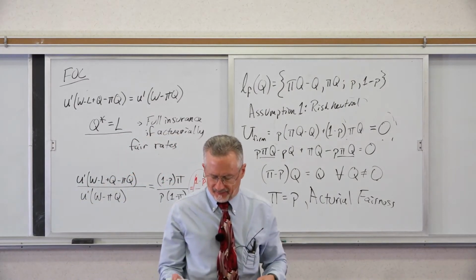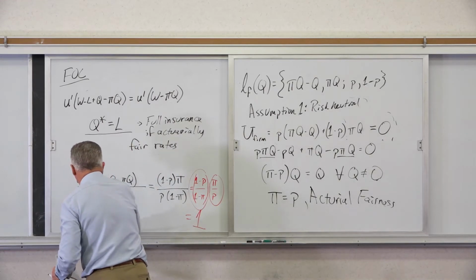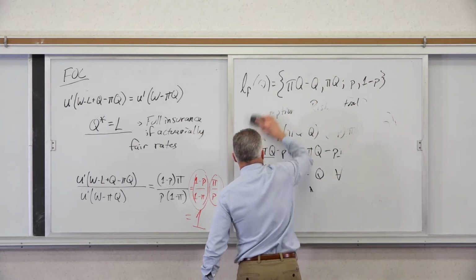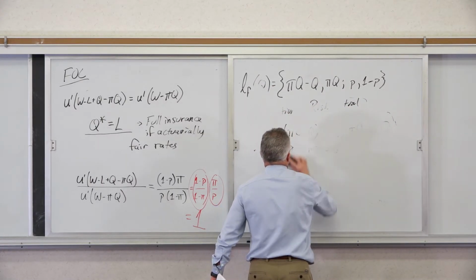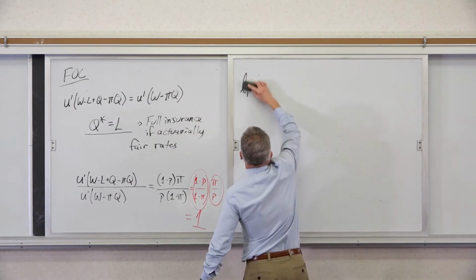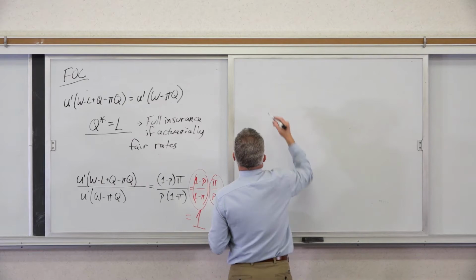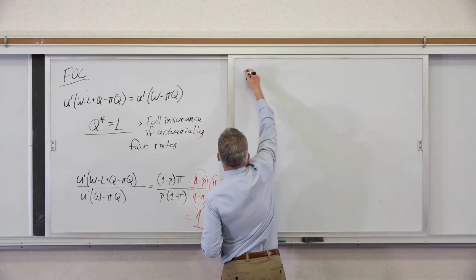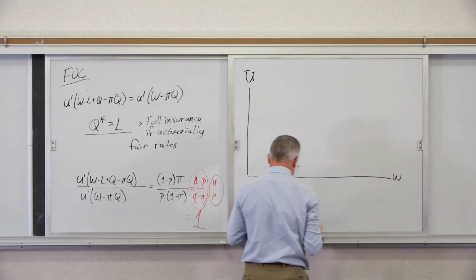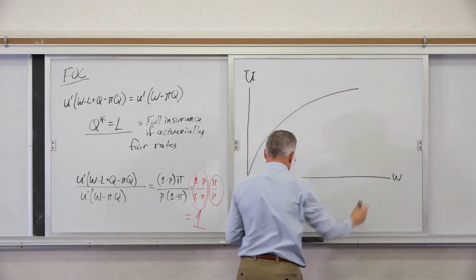Great. Let's take a look at that graphically and just see what this might mean. And so we'll clear this. Get a little bit of space to draw a graph. And we have utility on this axis for the consumer, and we'll put wealth on this axis for the consumer, and we'll draw our von Neumann-Morgenstern utility.